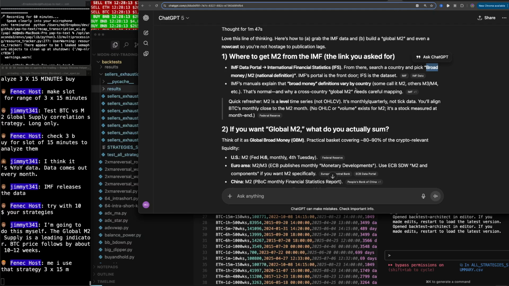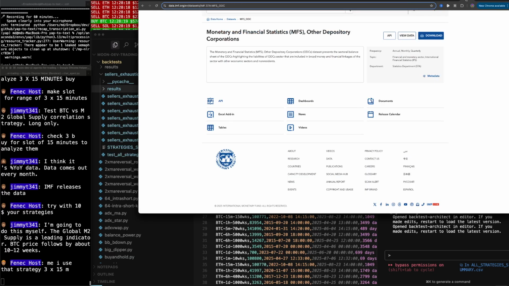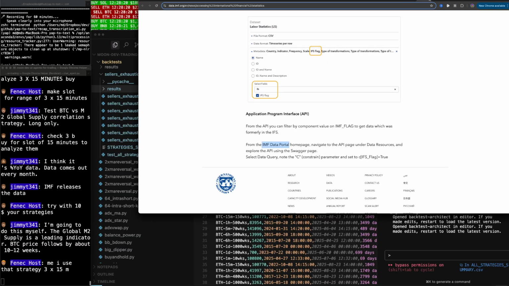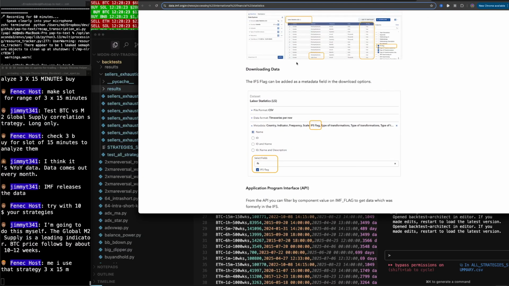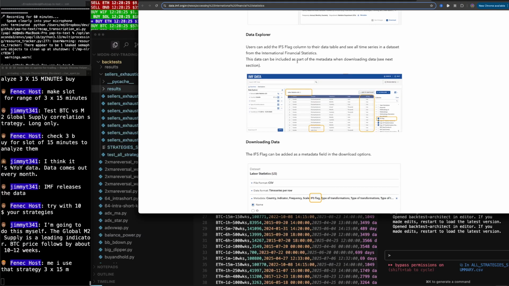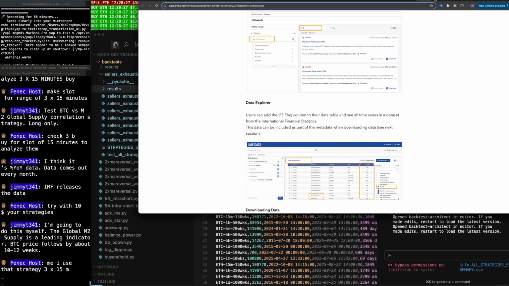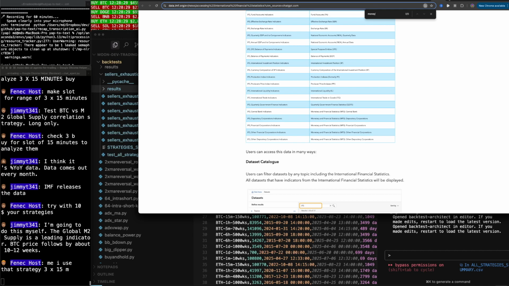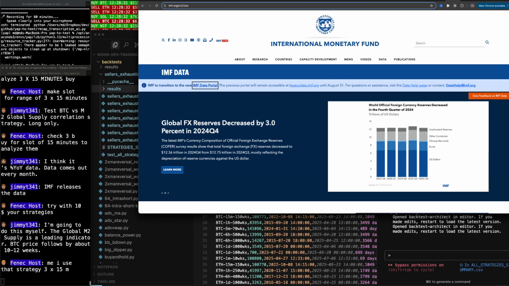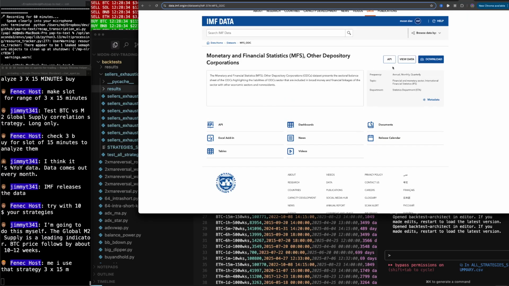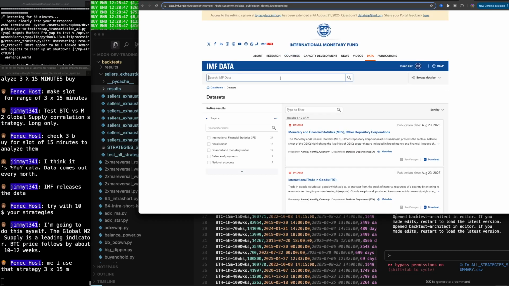So monetary and financial statistics, other. Let's go back to data sets here, and maybe I'll just type in M2.